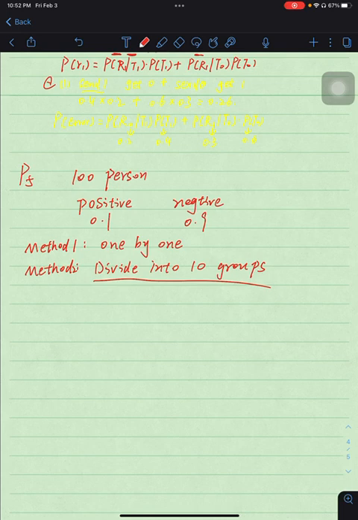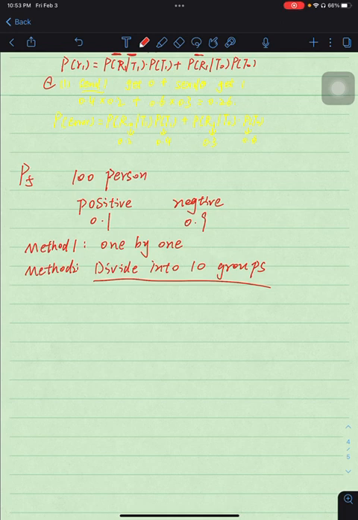In one group, we mix up 10 persons' blood into one test kit, and if this mixed blood is positive, that means someone is positive in these 10 people. And if the mixed blood test is negative, that means all of the 10 people are negative. So it may be more efficient.